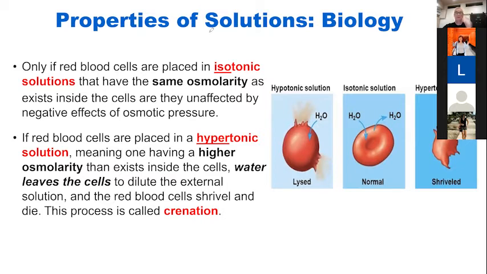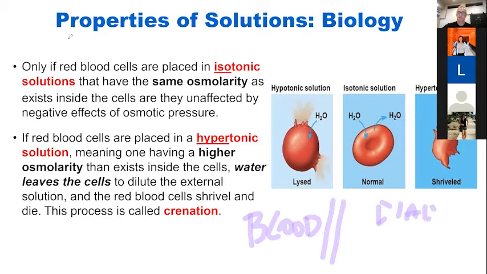Yeah, because in that machine, here's what we'd have: our membrane. On one side we would have the blood, and on the other side we would have the dialysis fluid. And so basically, whatever concentrations of ions you would want in the blood, you would put in the dialysis fluid.